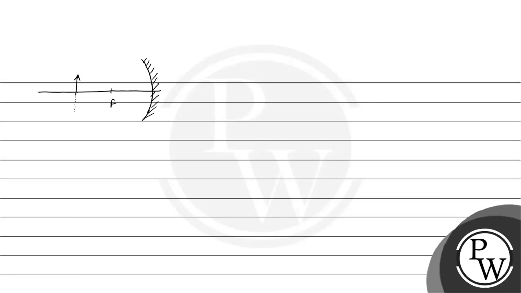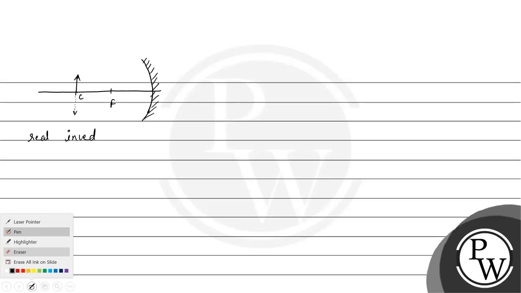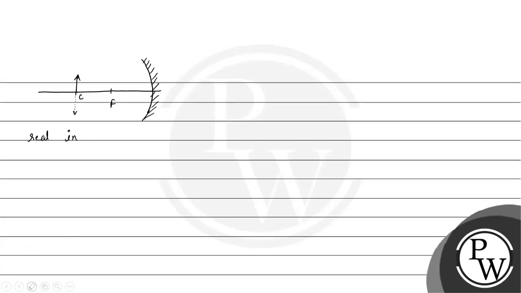So the image forms somewhere here, which is of equal size, real and inverted. Okay, so when object is placed at C, image is at C.